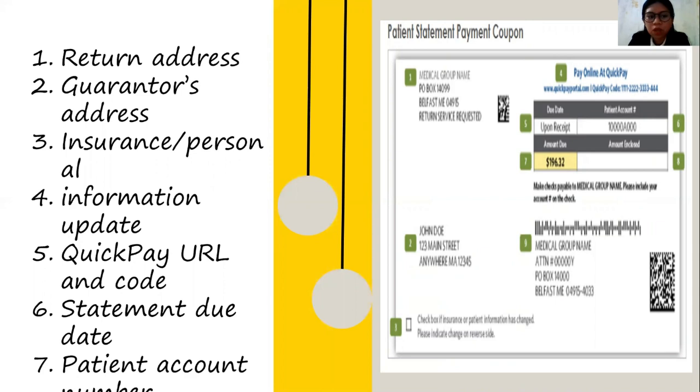Third, insurance or personal information, where you can check the checkbox. Fourth is the information update. Fifth, a quick pay URL and a code, same as the code for receipts. Sixth is the statement due date. And the seventh is the patient's amount, and the patient's account.